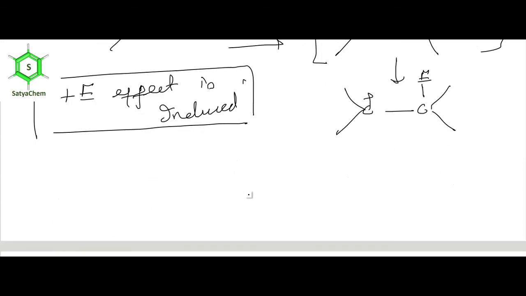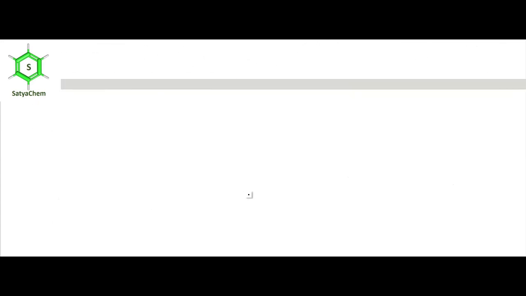Similarly, consider C double bond O, or it may be C triple bond N. Here I have considered C double bond O. This pi electron is in close vicinity with a nucleophile.